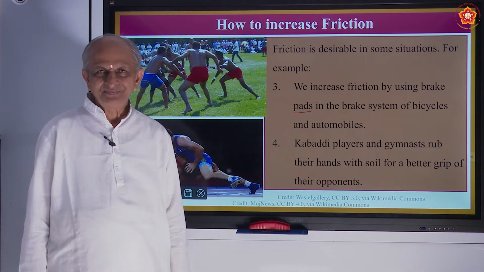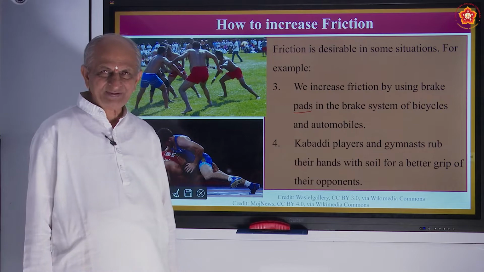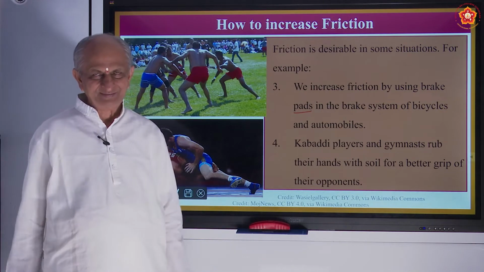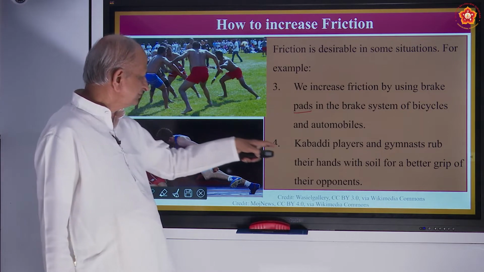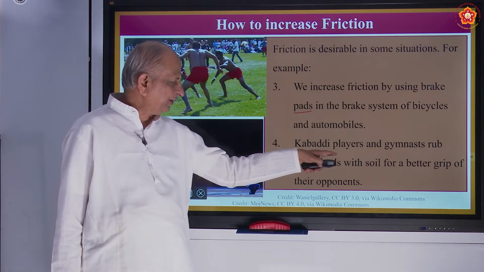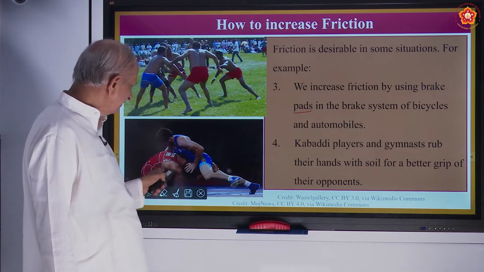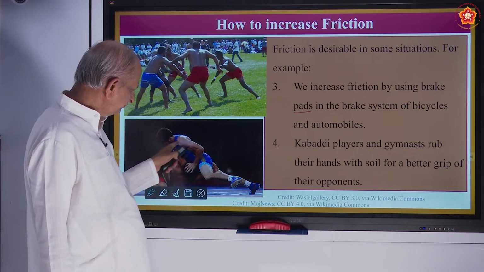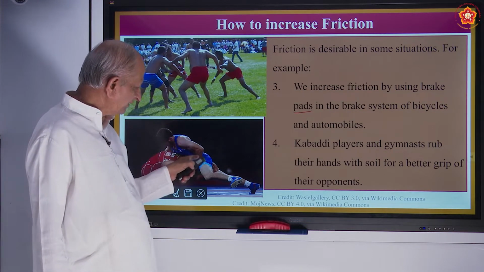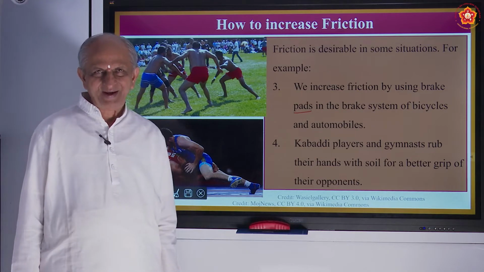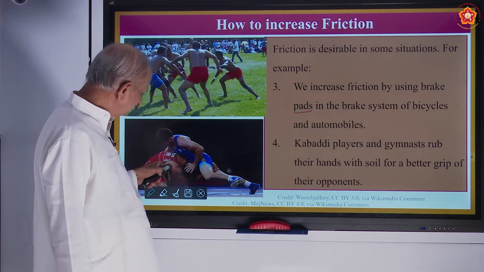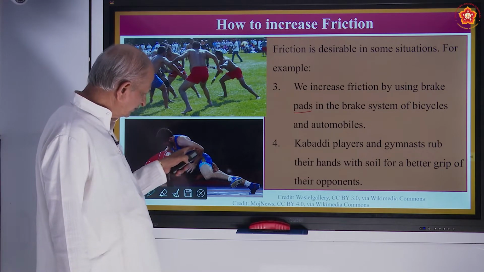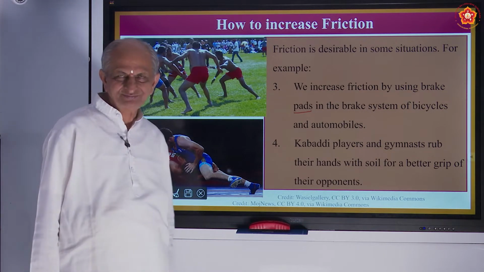And while playing kabaddi, you want a very good grip, especially when the opponents come there. So to have a good grip, even in, what is this called? This is our Olympic champion from India, correct? So he is pushing. This is called boxing.